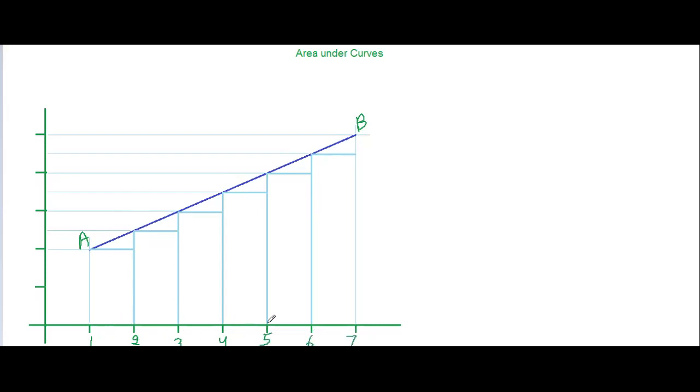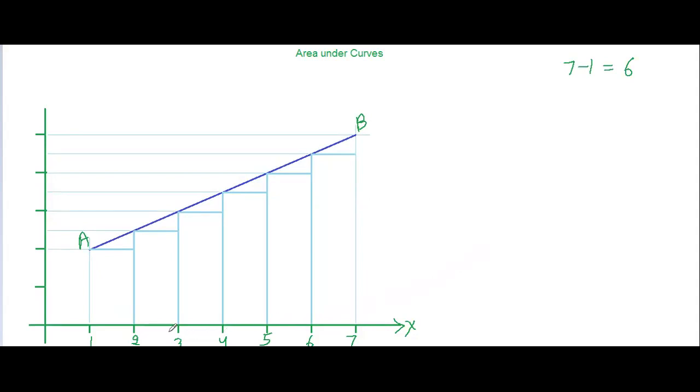This width is the projection, as we actually call it, but you can say how much the line segment AB spreads along the x-axis. That is 6. So already we have found 7 minus 1 equal to 6.